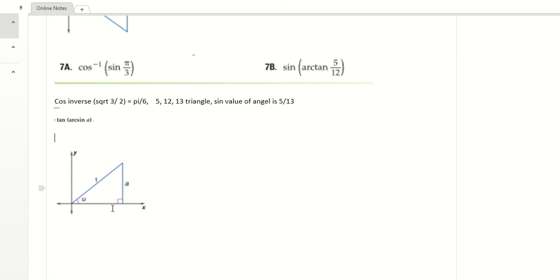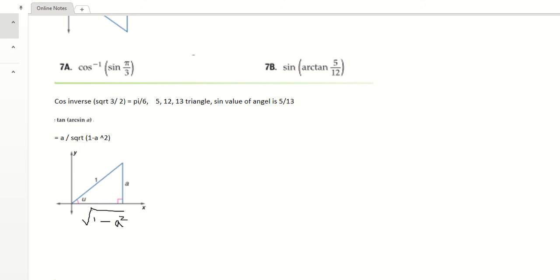The square root of 1 squared minus A squared, right? So the value is the square root of 1 minus A squared.